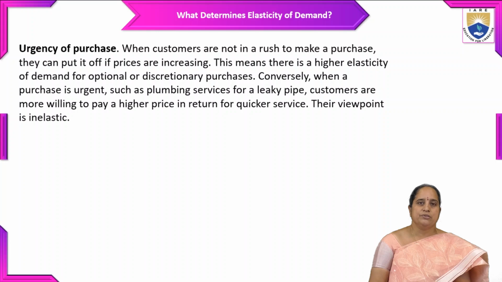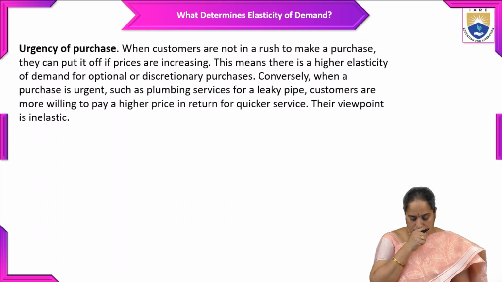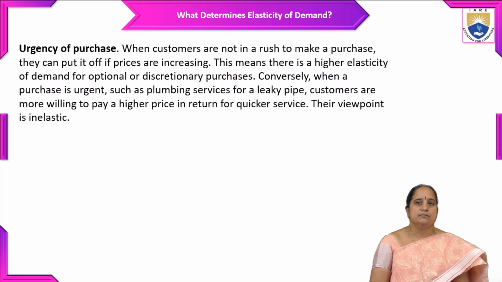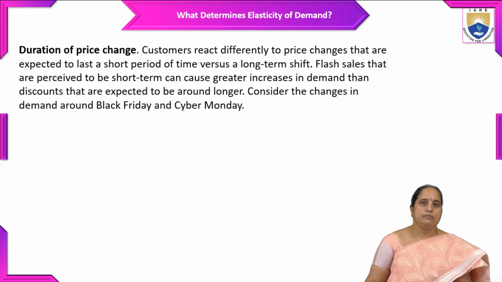Conversely, when a purchase is urgent, such as plumbing services for a leaky pipe, customers are more willing to pay a higher price in return for quicker service. Their demand is inelastic. So based on the urgency of purchase also, we can see some differences in terms of elasticity of demand.